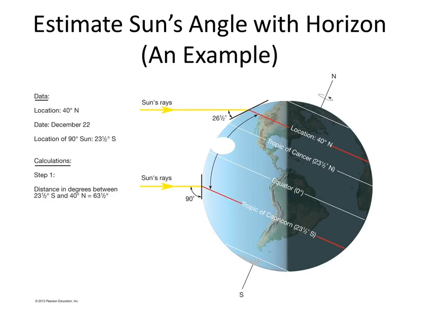So 23.5 plus 40 is 63 and a half. And then you're almost done. One last subtraction: take 90 minus that distance in degrees. So 90 minus 63 and a half is 26 and a half. So at noon on that day, that's how high the sun's going to get at that latitude.